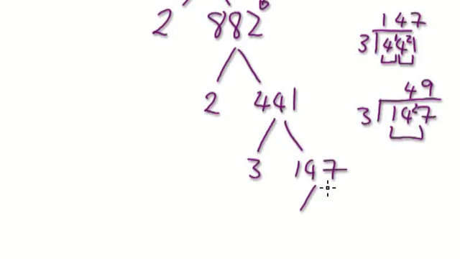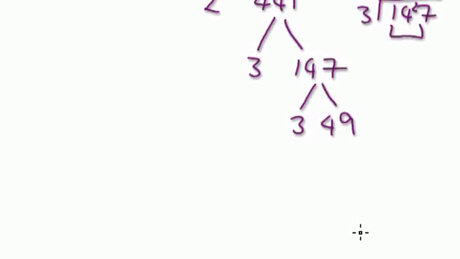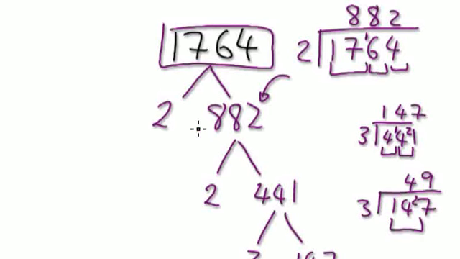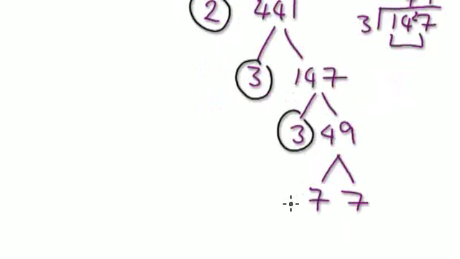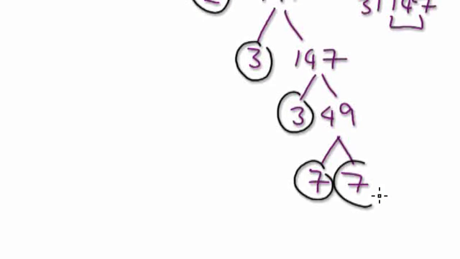So I can visualize 147 as 3 times 49. Okay, 49, I can remember that from my times table. 7 times 7 is 49. So I can visualize the 49 as 7 times 7. Now if you look at all these here, these are all primes. 2, 2, 3, 3, 7, 7.